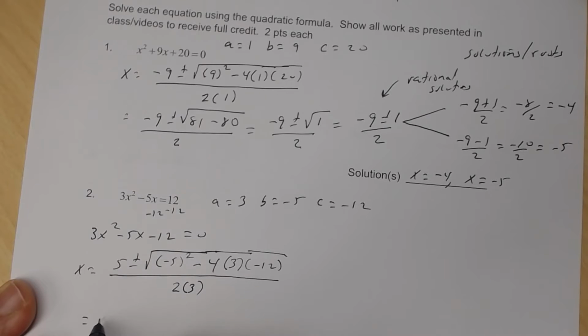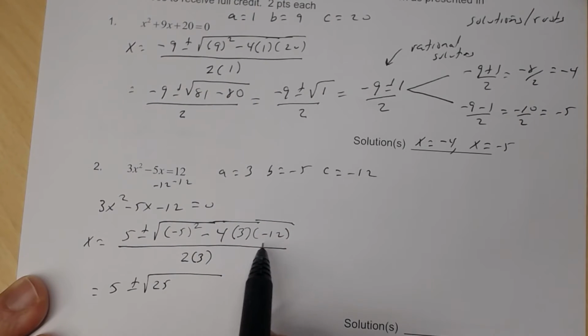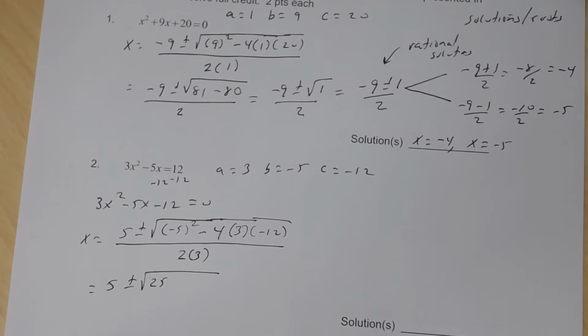So we get x equals 5 plus or minus the square root of. And remember, b squared should always be positive or 0. So negative 5 times itself is 25. So not negative 25, a positive 25. All right, negative 4 times 3 times negative 12. So just use your calculator if you can't determine that.